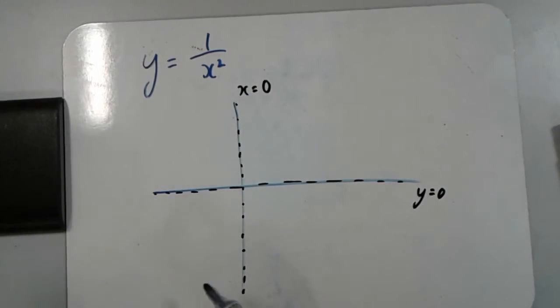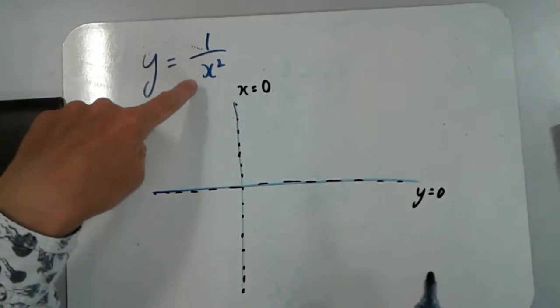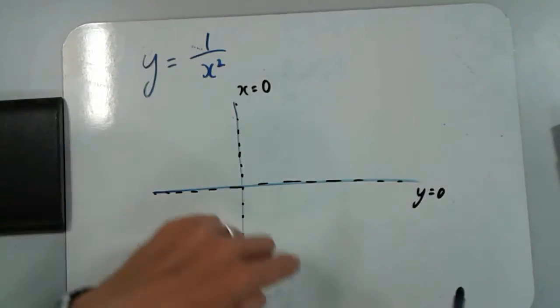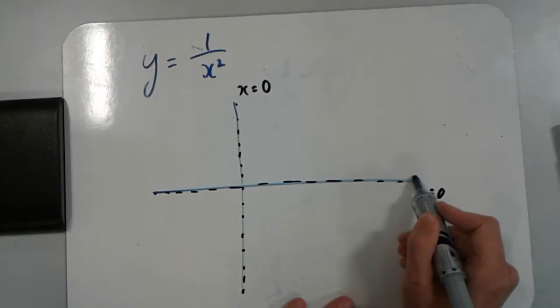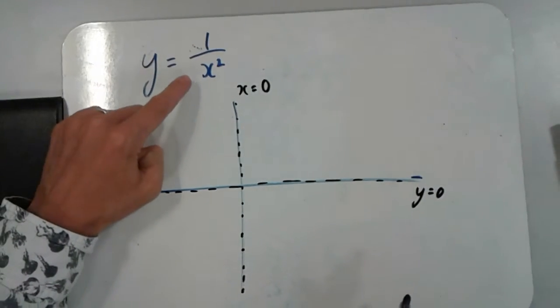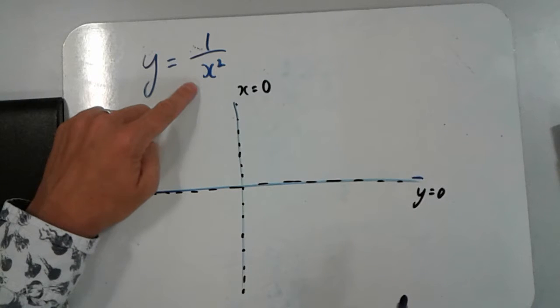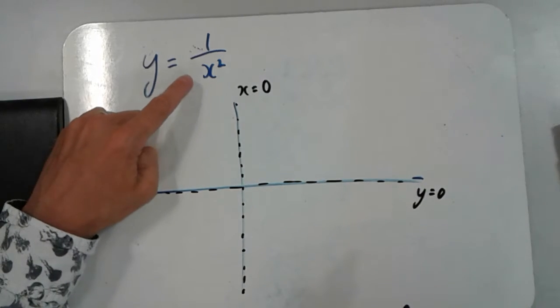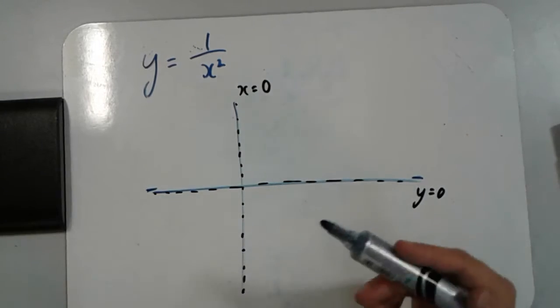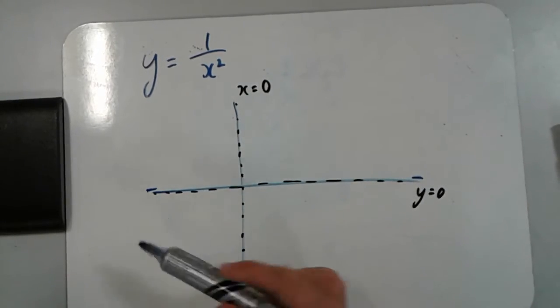And now we're actually going to try and sketch this. So again, when x is large and positive, 1 divided by a large positive value squared will be large and positive. 1 divided by a very large but negative x value squared will be very, very small, but importantly positive now. Remember, anything squared is positive.